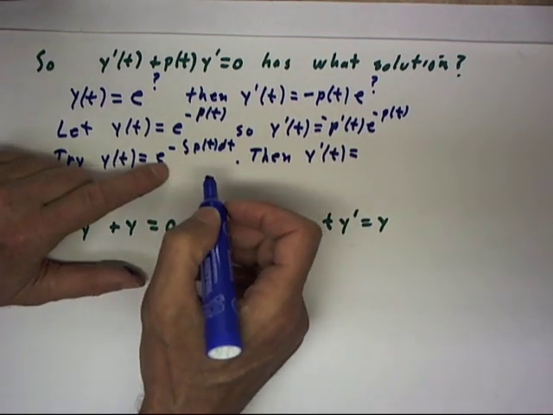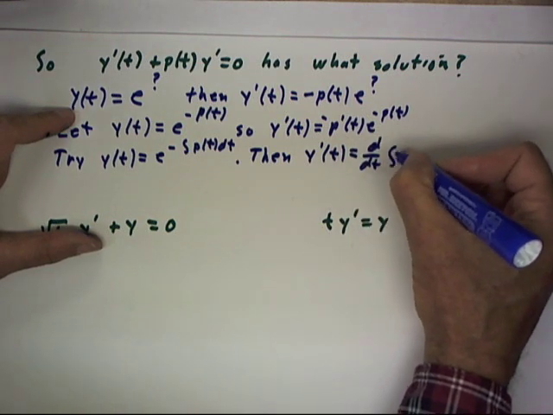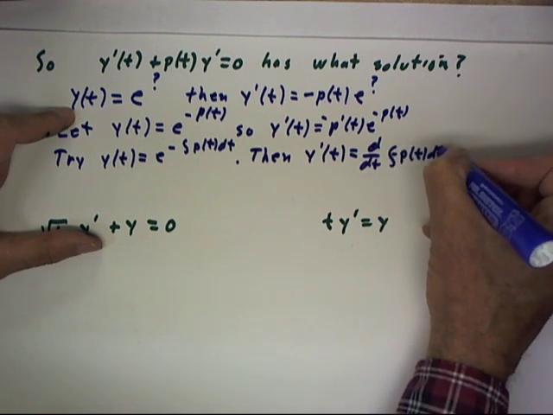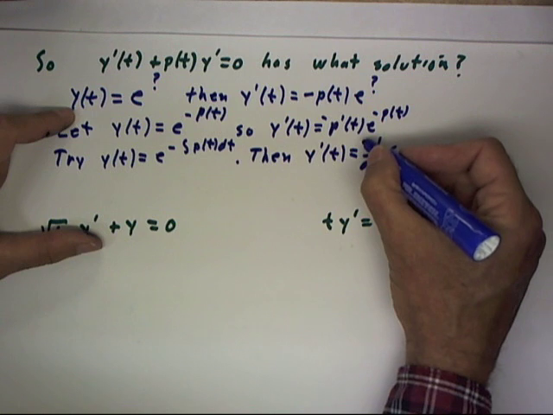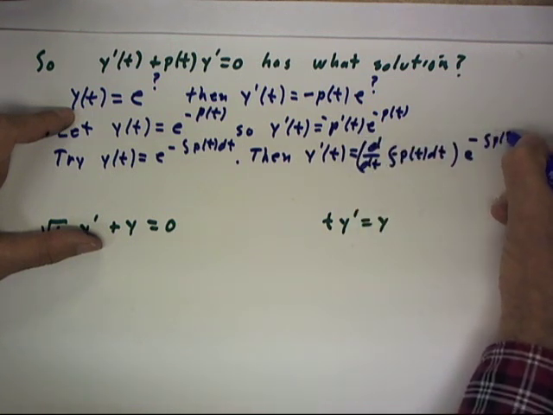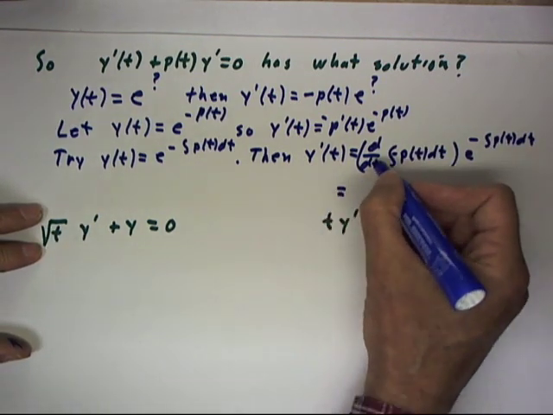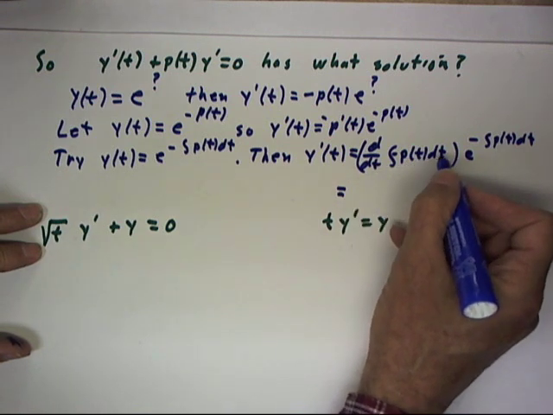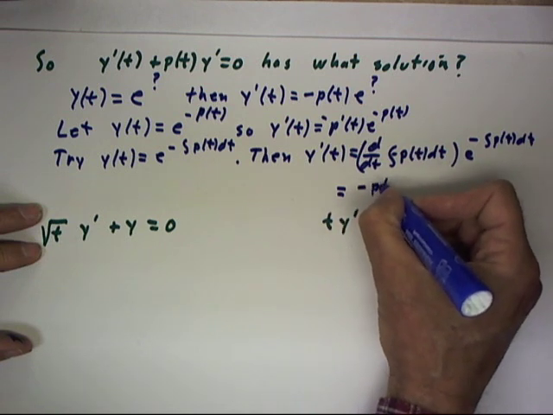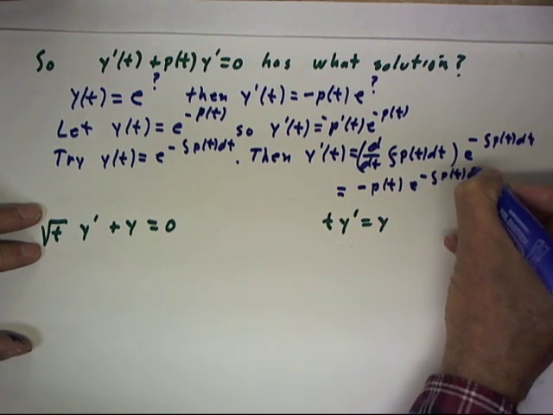It's going to be the derivative with respect to t of the integral of negative p of t dt, multiplied by e to the negative integral p of t dt. And that equals, well, the derivative with respect to t of an integral with respect to t is just the function that we're integrating. So that is going to give us negative p of t e to the negative integral p of t dt.